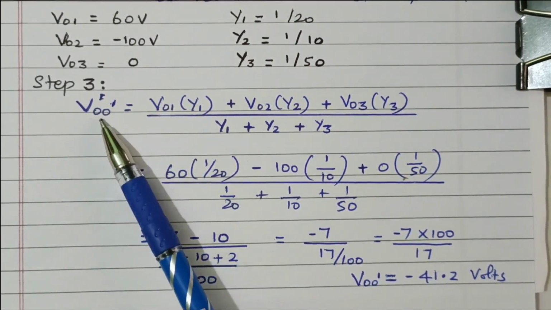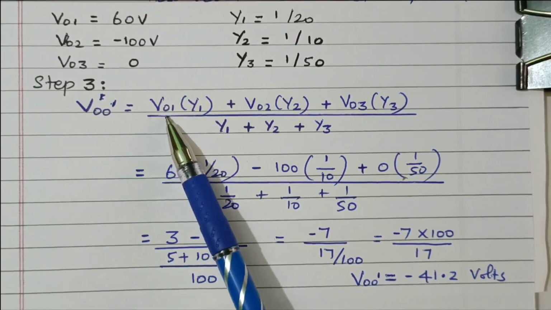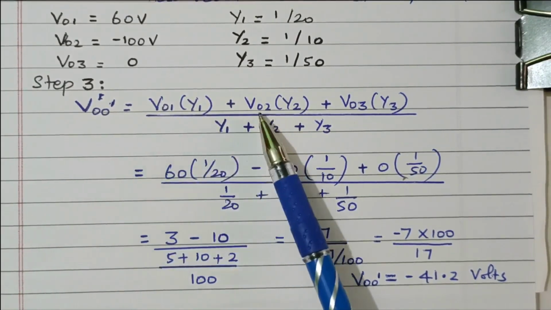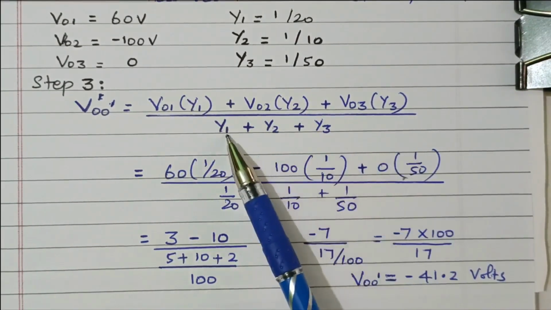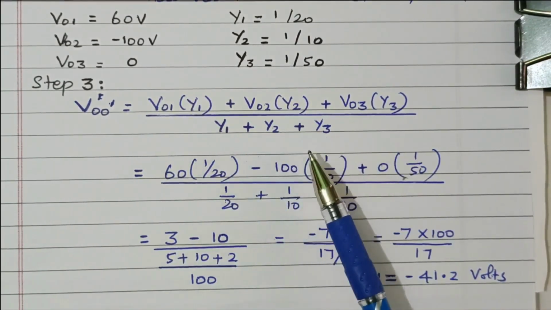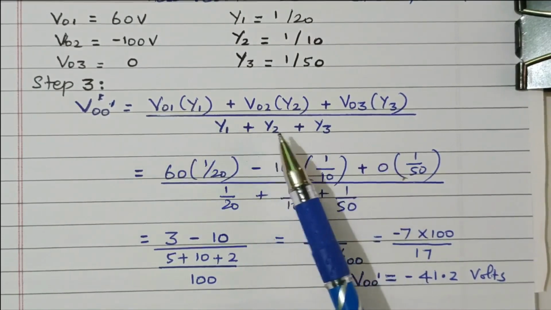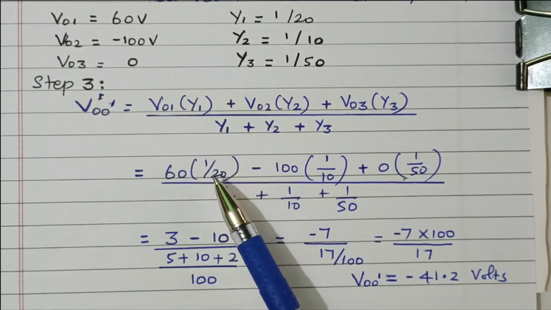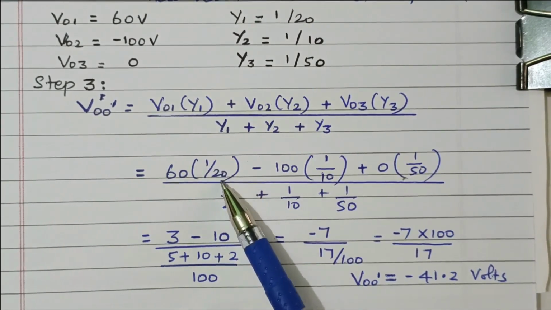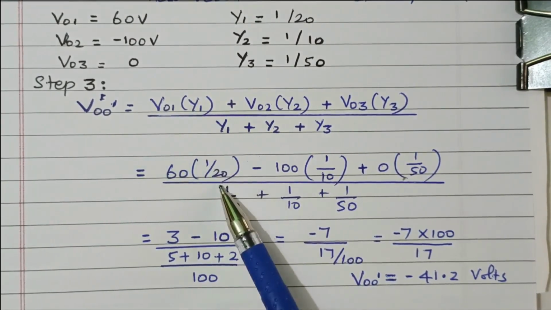So V OO dash equals (V01 Y1 plus V02 Y2 plus V03 Y3) divided by (Y1 plus Y2 plus Y3). This is a formula available in Millman's theorem. Y1 is nothing but the admittance, 1 divided by resistance, Y1 equals 1 divided by R1.